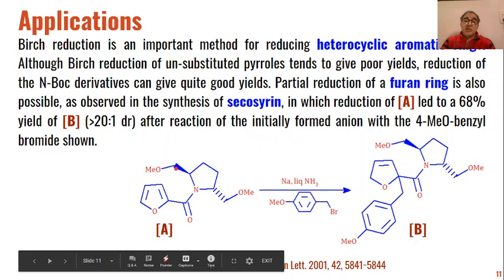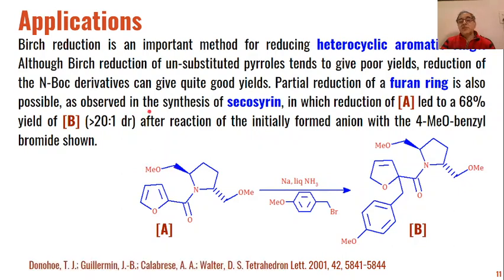Then another important application of Birch reduction is reduction of heterocyclic aromatic rings. So as we have seen that Birch reduction is used for the reduction of aromatic systems, this can also be used for the partial reduction of heterocyclic systems.